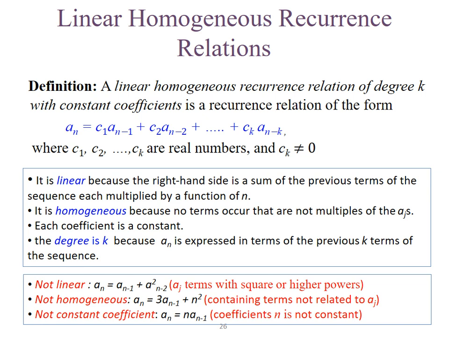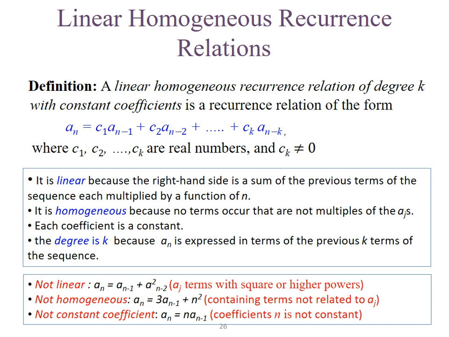Basically it follows the definition of a recurrence relation, because it uses one or more previous terms to express a_n. So we use a_{n-1}, a_{n-2}, up to a_{n-k}, k previous terms, to express a_n. That's called degree k.